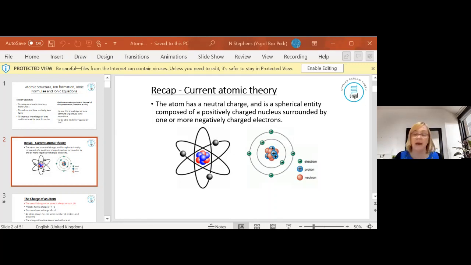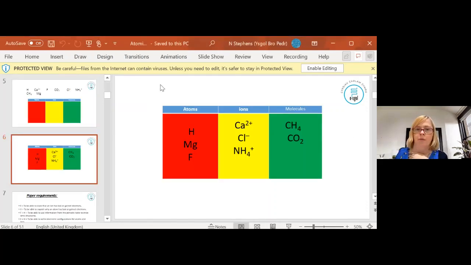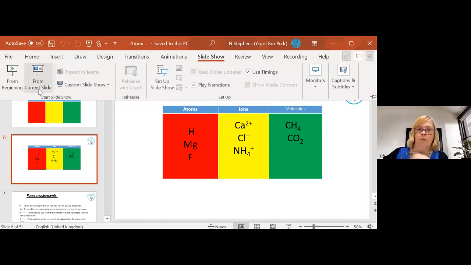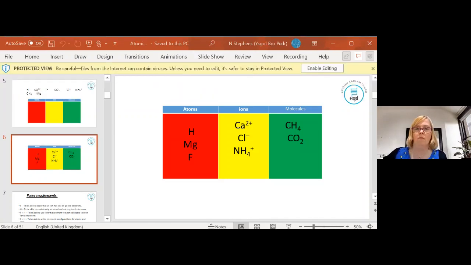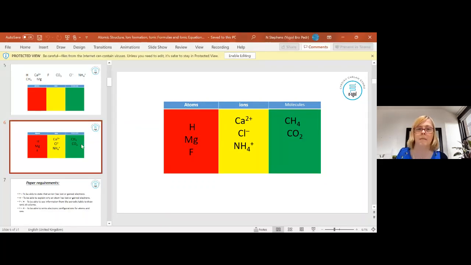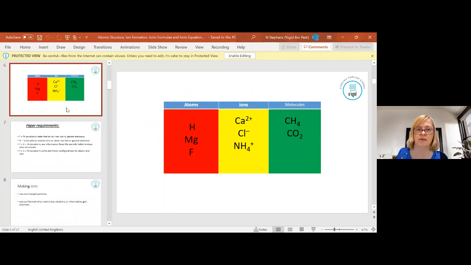Can I just stop you? I can only see that the slideshow's not actually moving forward. Oh, okay. Try that again. Okay, that's irritating.